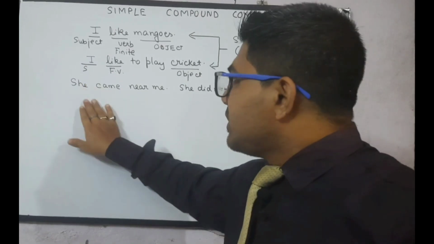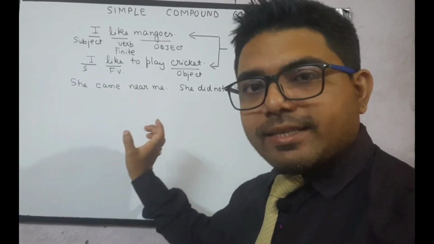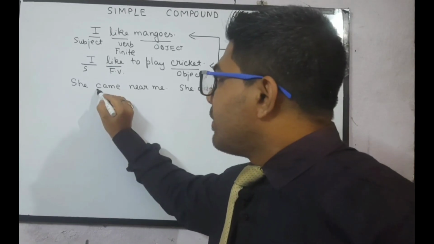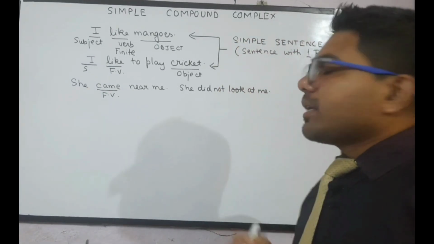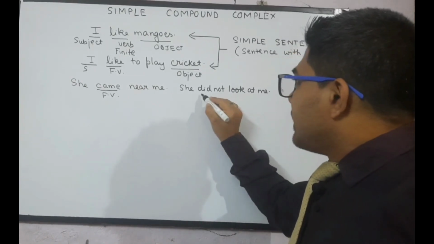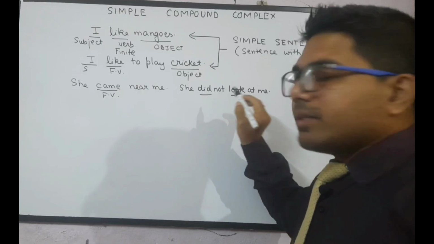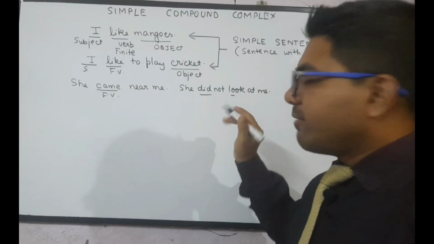Okay, so she came near me. Is this a sentence? क्या ये पूरा sentence है? Fine है. Finite verb came. Okay, this is the finite verb. She did not look at me. Did, look. Okay, so did is denoting it is past tense. So here also we have got one finite verb.